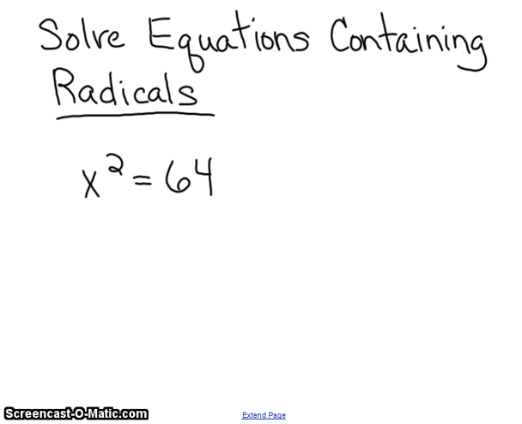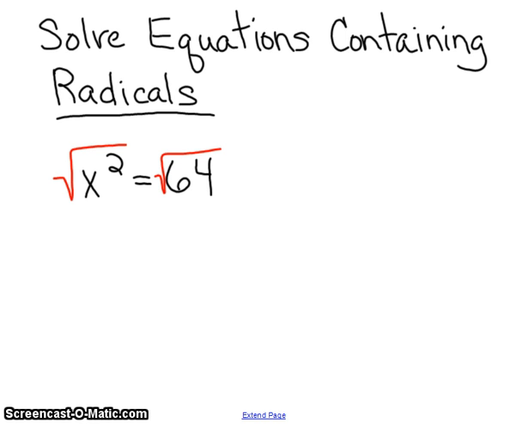You're probably already thinking, I know it's 8, but we have to be careful because it could also be negative 8. And this is what I'm going to show you. This is how you're going to do this. You're going to get rid of the squared here next to x squared, and by doing that, you do the opposite. So we take the square root. Whatever we do to one side, we need to do to the other.